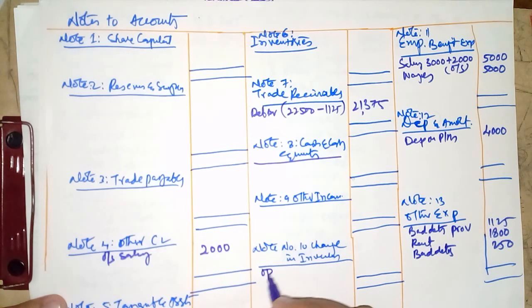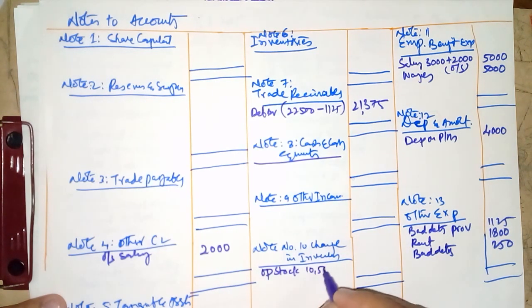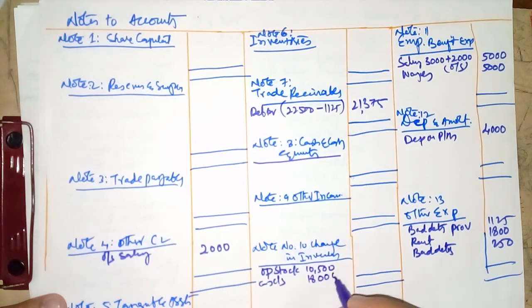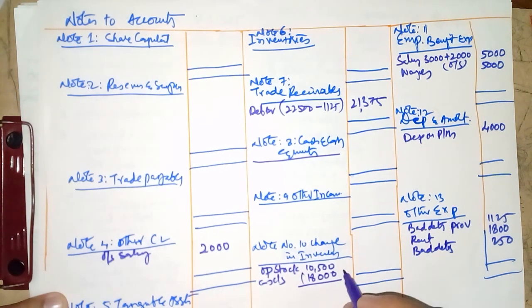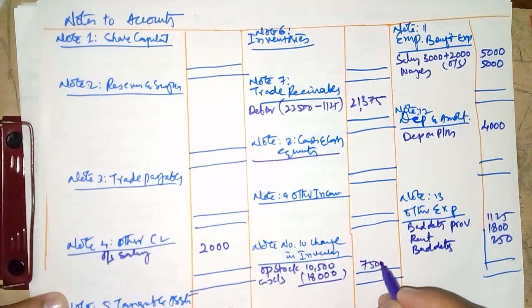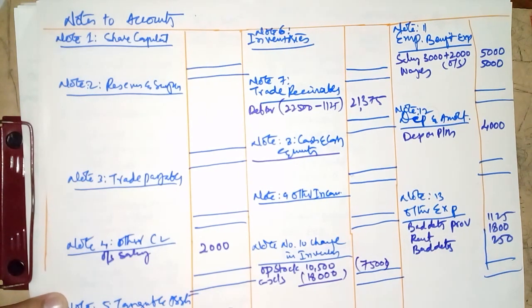Then opening stock. So we have opening stock comes to how much? 10,500 minus closing stock. Closing stock is 18,000. So 10,500 minus 18,000, resultant figure is 7,500. Negative, I need to write 7,500, sorry, negative balance, minus balance we need to write, because we are getting closing stock is more.